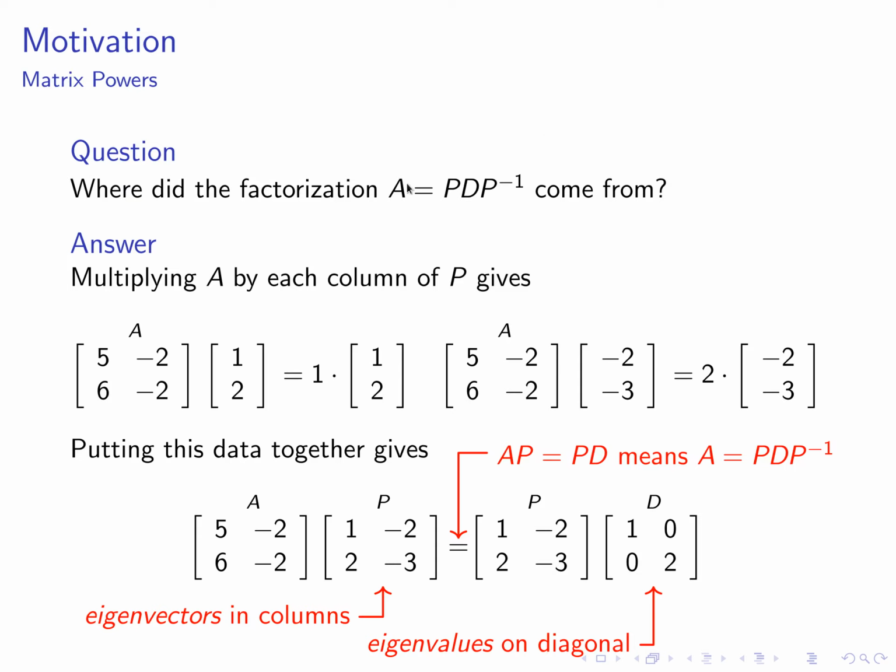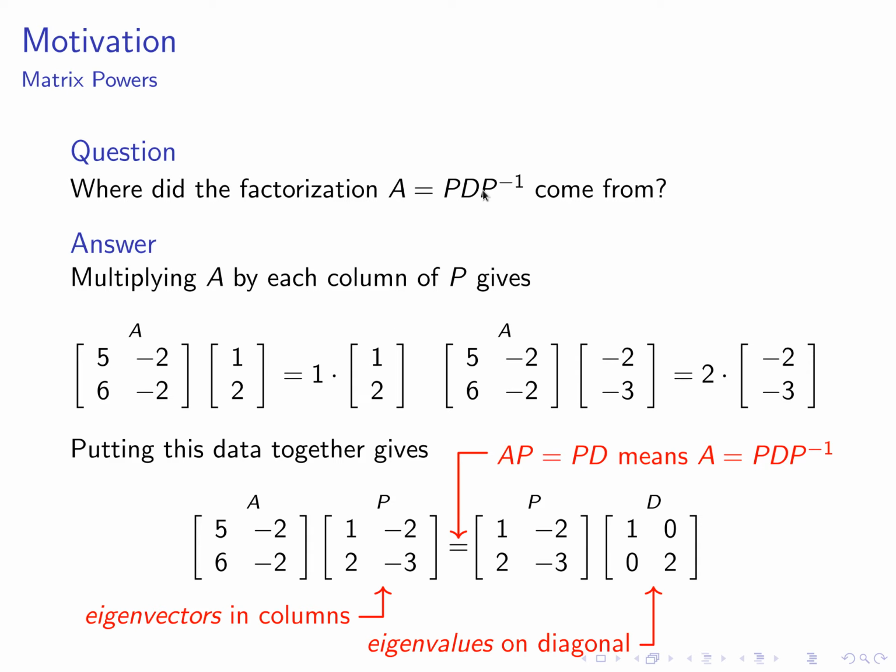The original problem was to calculate a power of A. And what we found was that working from scratch was incredibly inefficient. Instead, we can search for this nice factorization, A equals P times D times P inverse. And once we have this factorization, we can quickly solve our problem of exponentiating A.